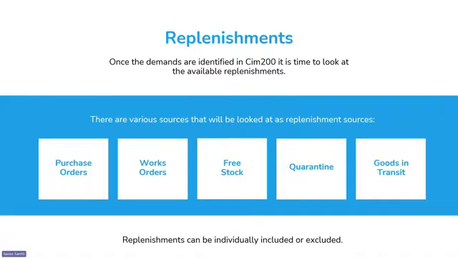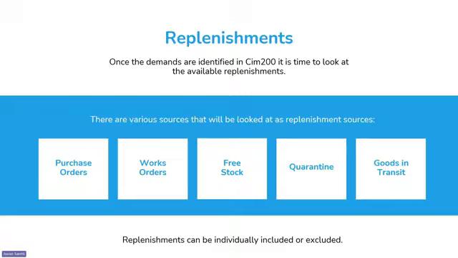You can place it into the quarantine, but you place it in a quarantine location that will be excluded from a replenishment. So you count that stock as not being available. So stock is there, but it's in a location that will be ignored by CIM200 planning. So that will then not be considered as a replenishment. So you have all of those options available to you.